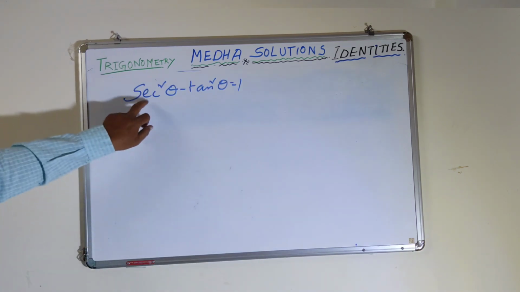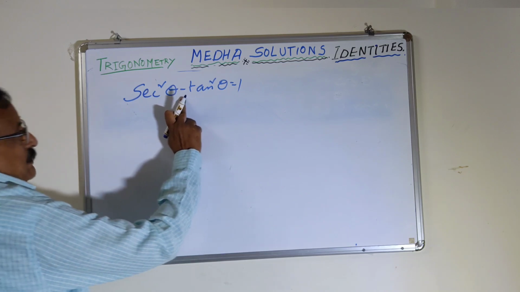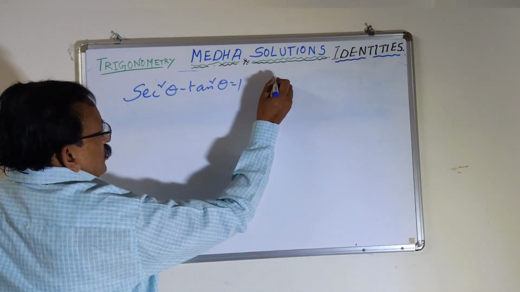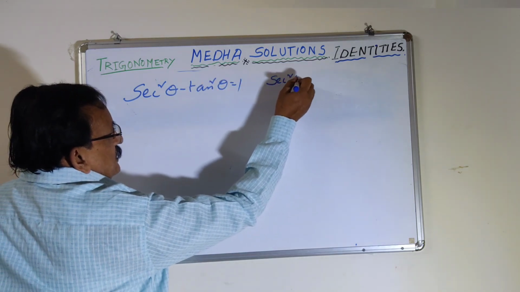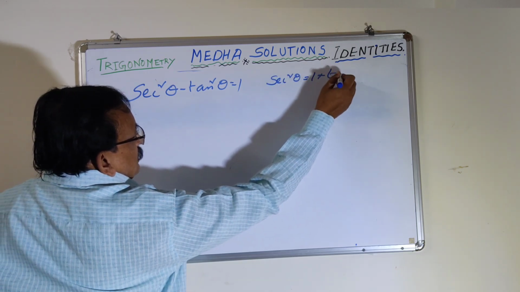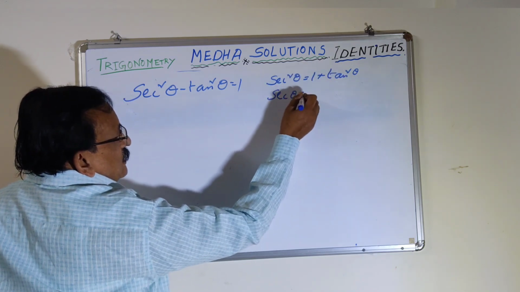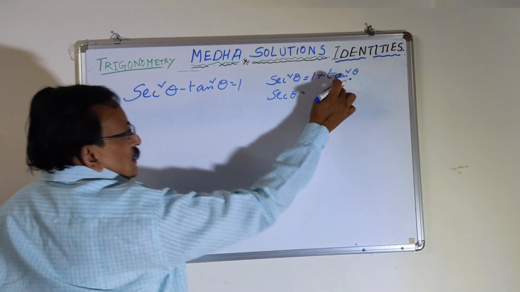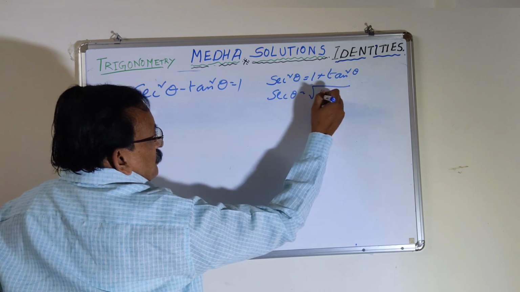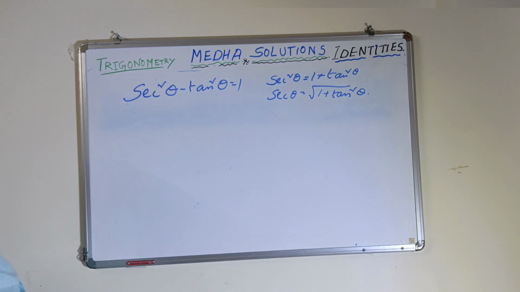Our second identity is sec square theta minus tan square theta is equal to 1. Transposing minus tan square theta to this side, you get sec square theta is equal to 1 plus tan square theta. If you want sec theta, again remove the square by taking the square root of 1 plus tan square theta. This is one conversion.